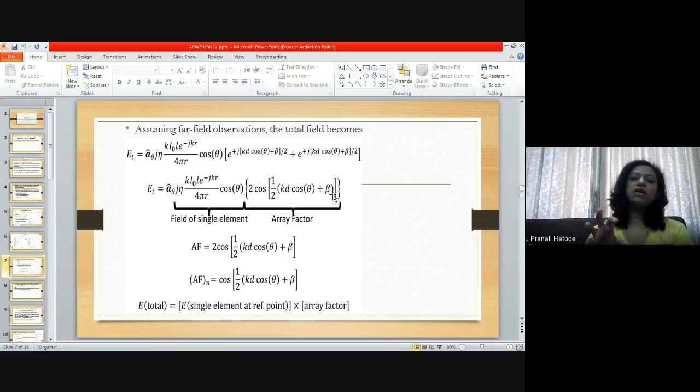So basically the array factor involves the geometrical specification, and the field of a single element involves the radiation. So this is the equation for the array factor.